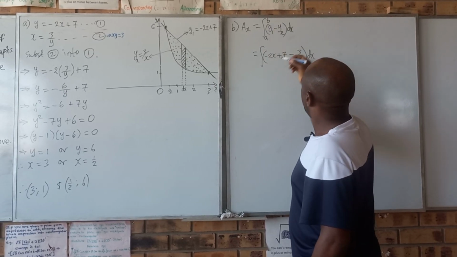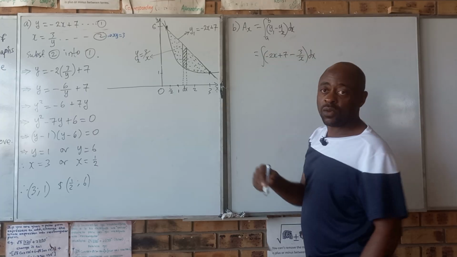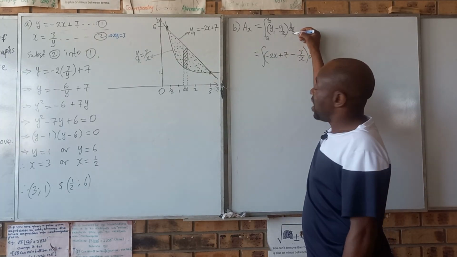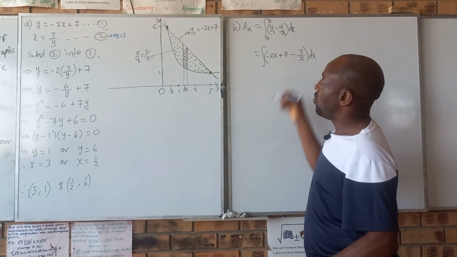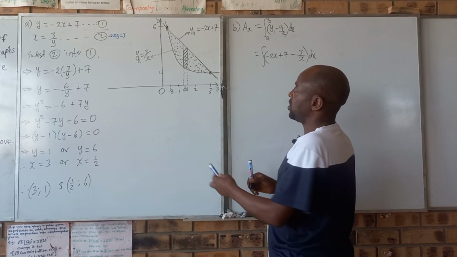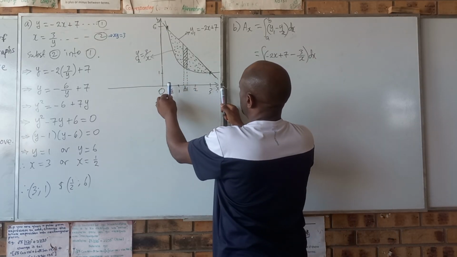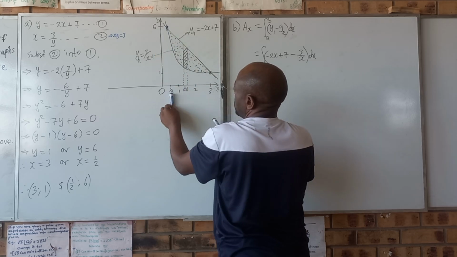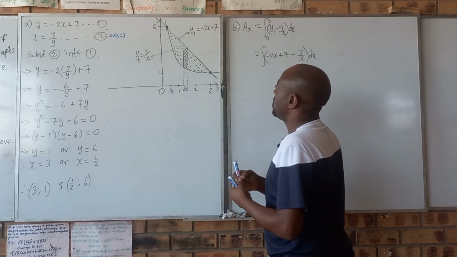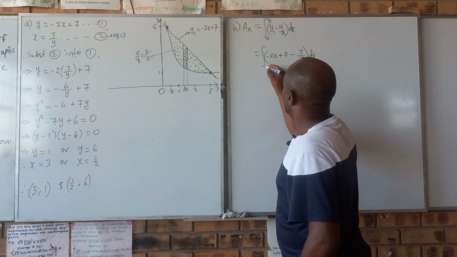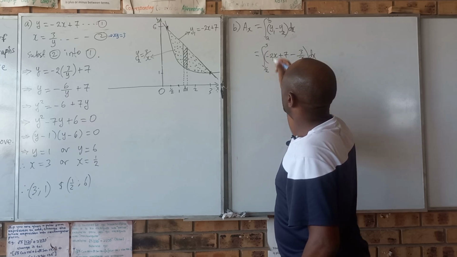Then a and b, because our formula ends with dx, you must read a and b on the x-axis, from where you started shading to where you stopped. Along the x-axis, we started shading at a half, we stopped at 3. So this becomes a half to 3.